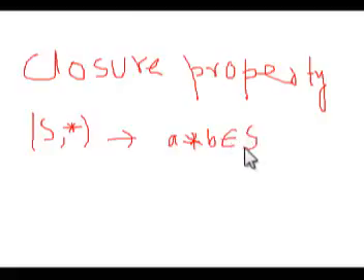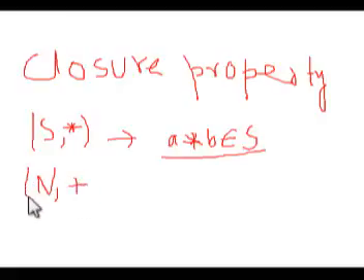If this property holds for the set S, then we say that S is closed under this binary operation. We have taken the example of N, the set of natural numbers, with addition as the binary operation. It is closed under addition: if you add any two elements, you get a result in the natural numbers.